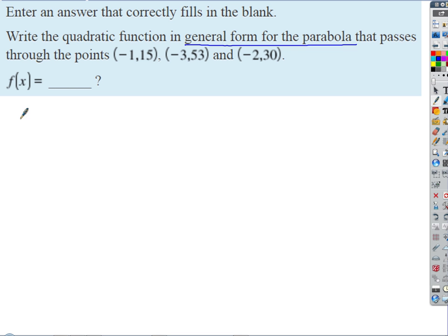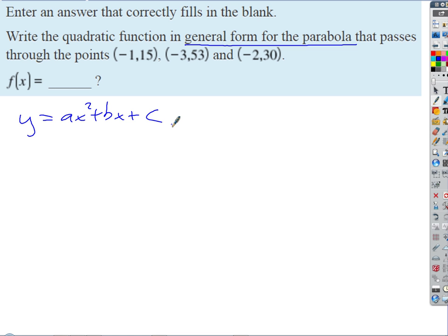That's general form. Y equals ax squared plus bx plus c. Okay, so that's one way to write that parabola. We used a different method earlier. There's a bunch of different ways you can represent a parabola. This is just a different way of doing it, where a, b, and c are real numbers.